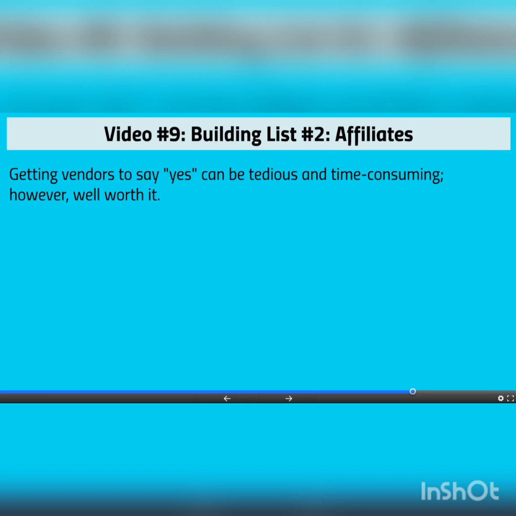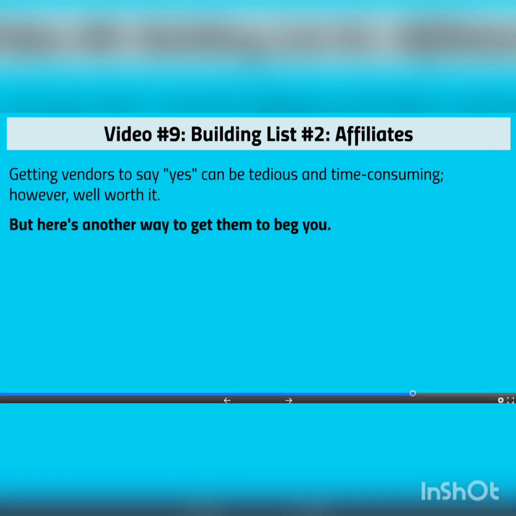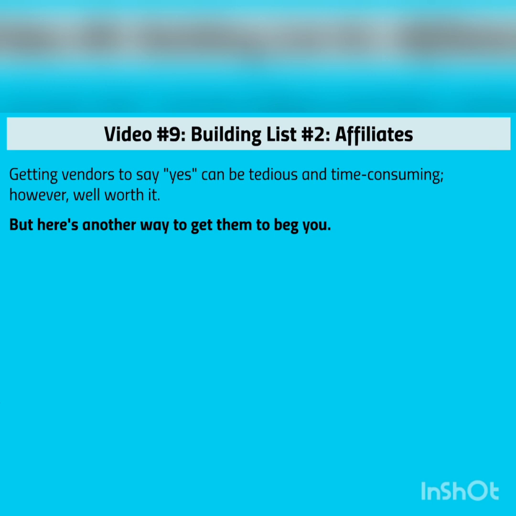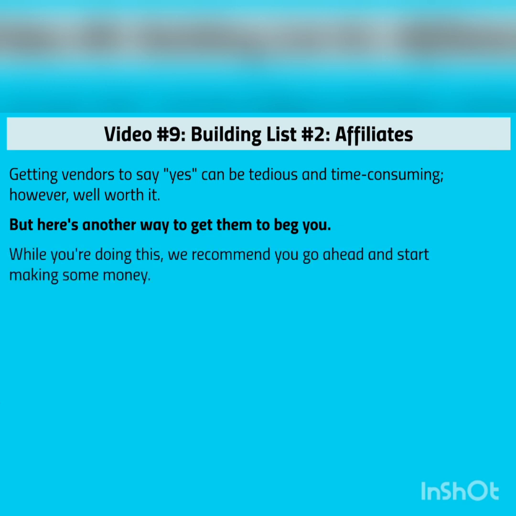Getting vendors to say yes can be tedious and time consuming, however, very well worth it. However, there is another way to actually get them to come to you and get them to beg you. This works really well. This is something that we have tested over time and works.